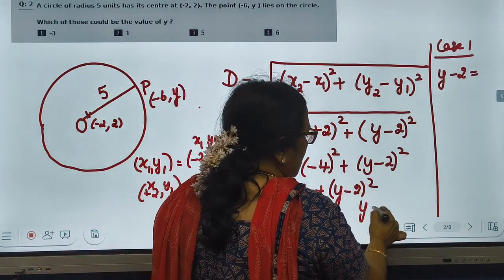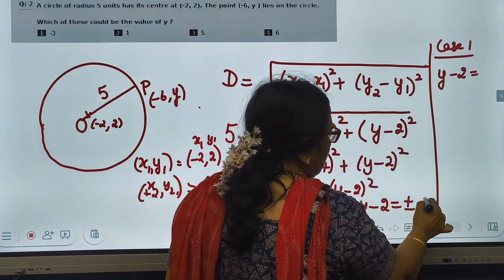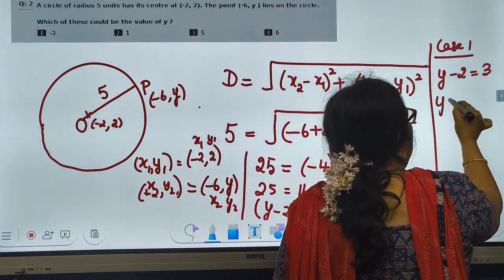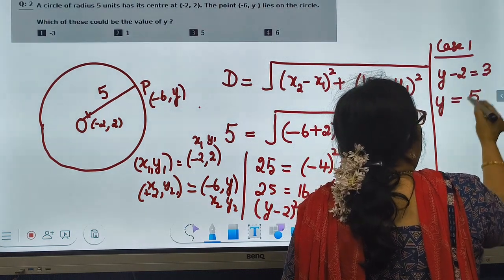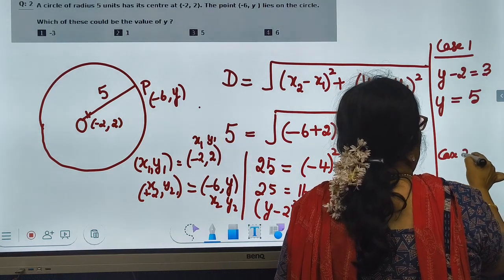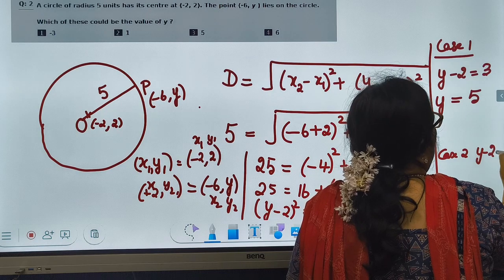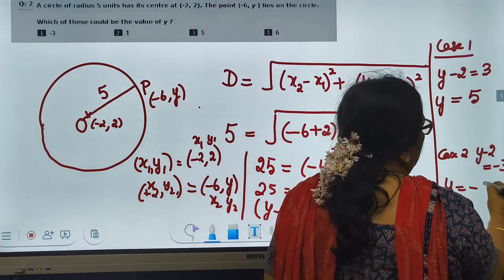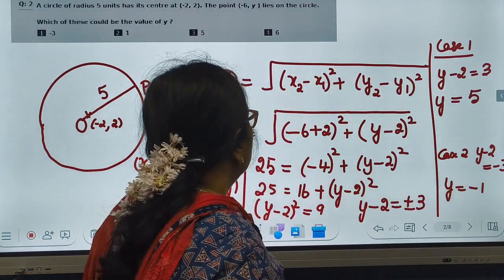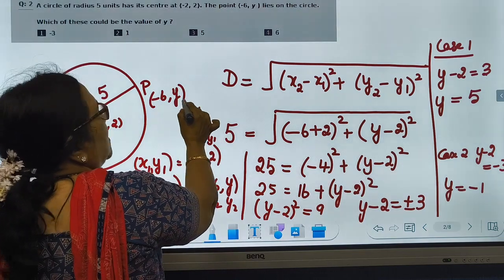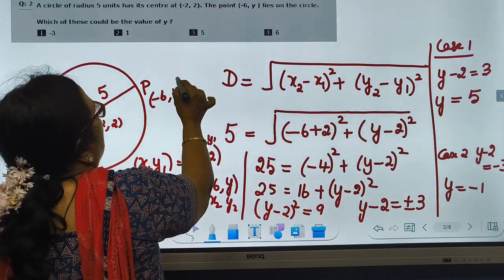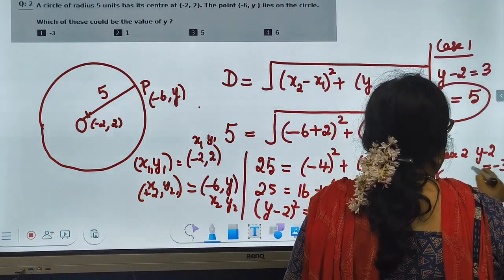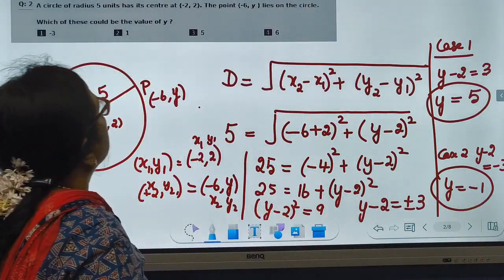So this means y minus 2 equal to plus or minus 3. So case 1, let us take it to be plus 3. Then what will be the value of y? 5. Case 2, take y minus 2 equal to minus 3. Then y will be -3 plus 2 which is -1. So what is the value of y? Y can be 5 or y can be -1.